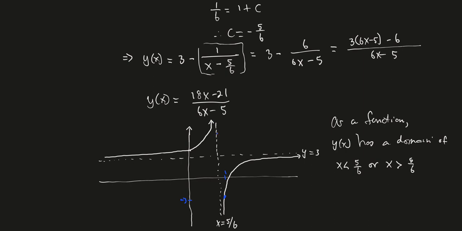So when we look at this function, because of the vertical asymptote, it is broken into two pieces. They're often referred to as branches of the same function. But only one of these branches actually passes through the initial condition. This piece over here, when x is less than 5/6, does not pass through the ordered pair 1, -3, only this one.